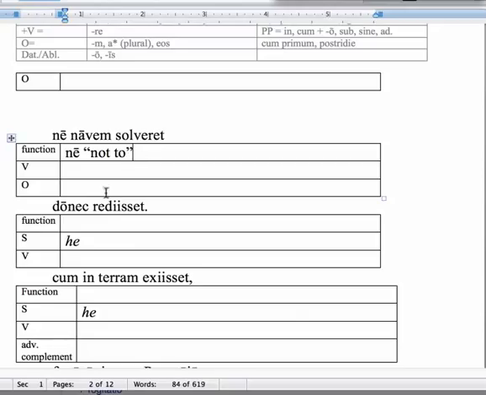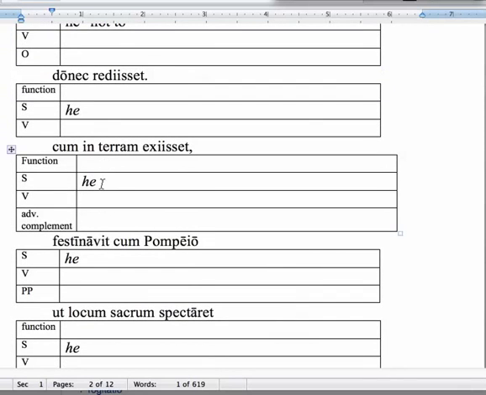He asked the skipper not to, and then what he asked him not to do is the verb solveret, and the object is navem, ship. Donec, until, is a function word. He is the subject, and the verb rediisset with this ending has to be past perfect, had returned.